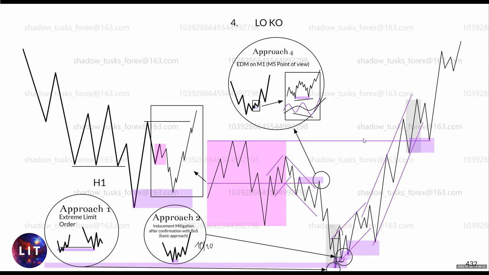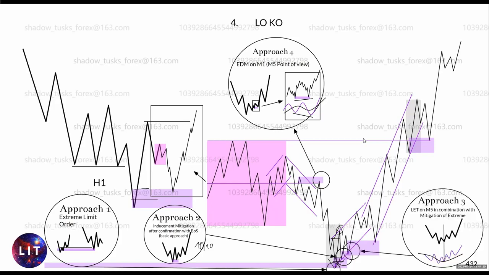If this appears, if you have the extreme mitigation after the cycle into higher time frame point of interest after a break of structure. And again, if it's then also a let approach, oh my God, then it's a 15 out of 10 trade. You have to take those trades. That's Mona Lisa shit, okay? And then you're waiting for approach number 4, EDM confirmations.